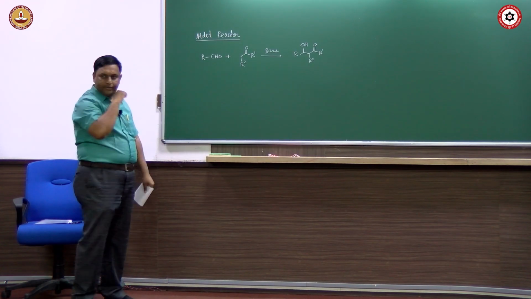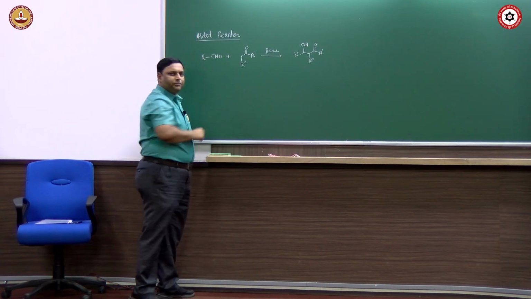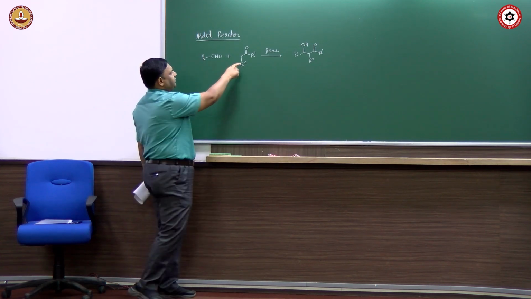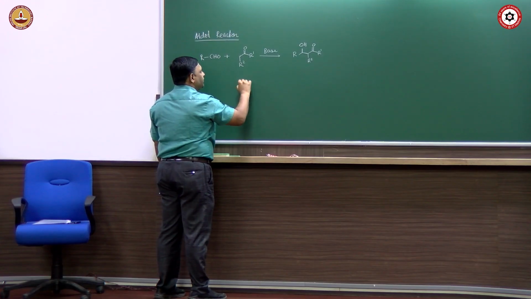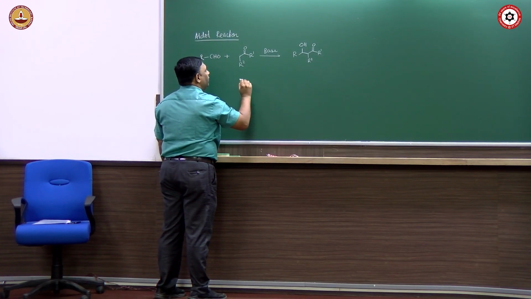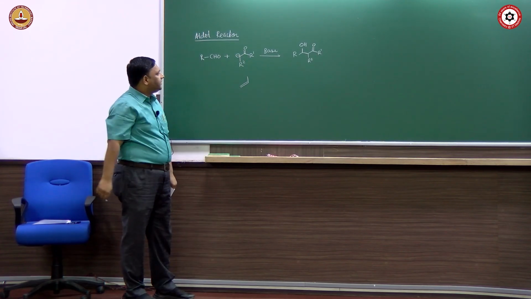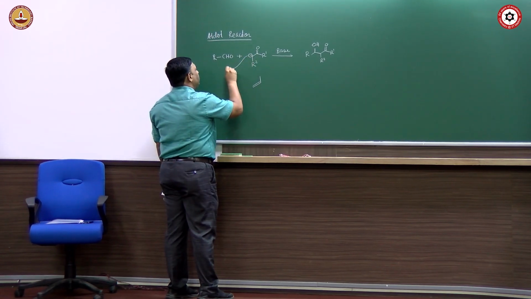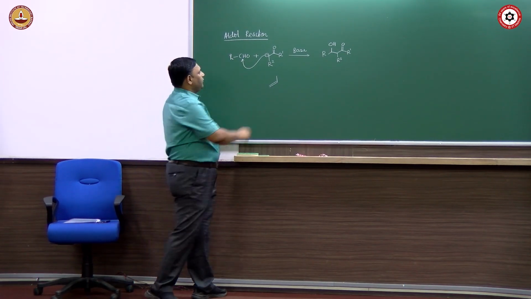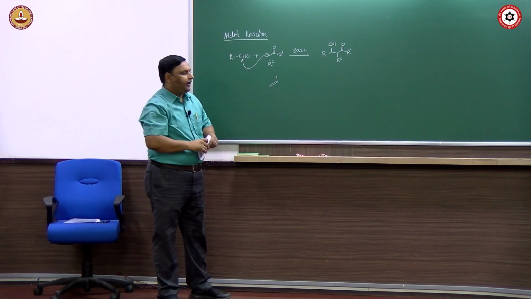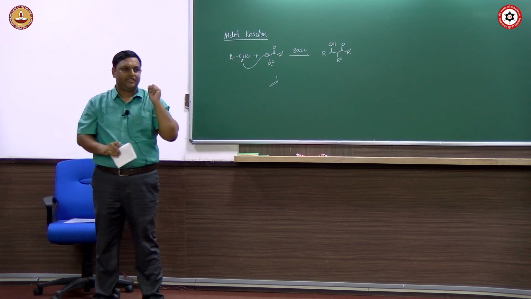What exactly happens here? Your base's job is to deprotonate one of the alpha hydrogens from this carbonyl. So, initially you generate an enolate from this one. You generate a carbanion here, and that carbanion reacts this way. Now, when you generate the carbanion, because it is unsymmetrical, you get two scenarios.